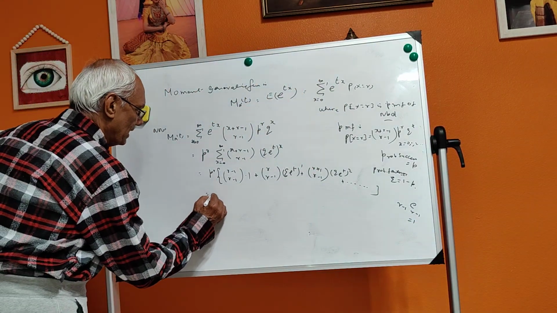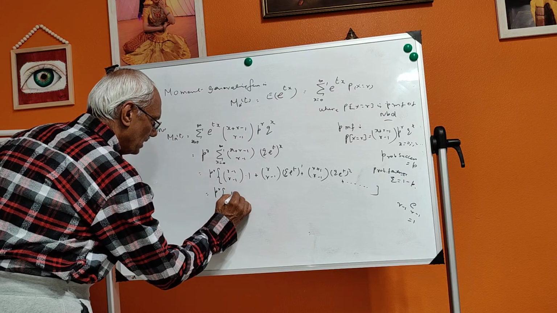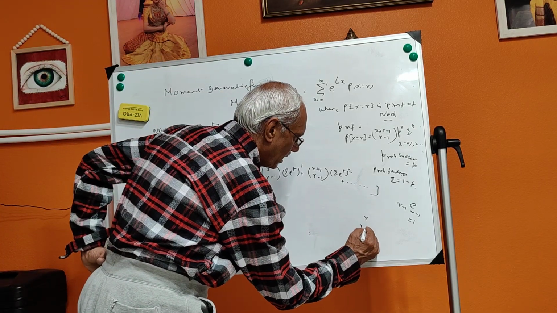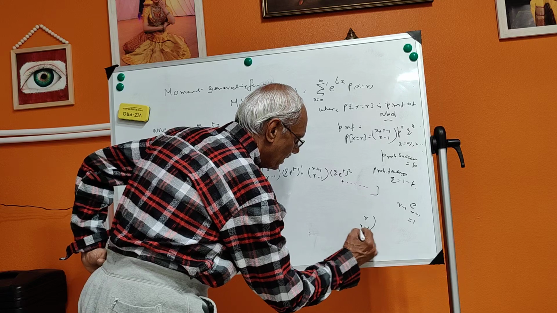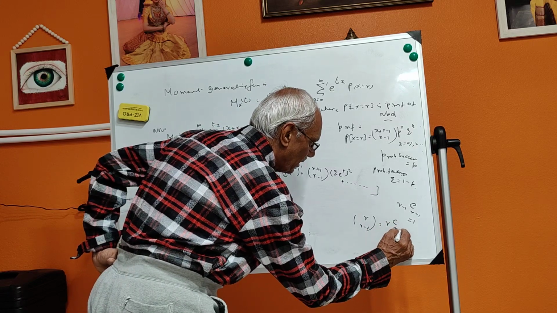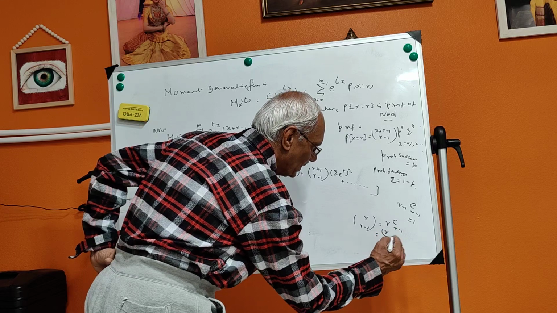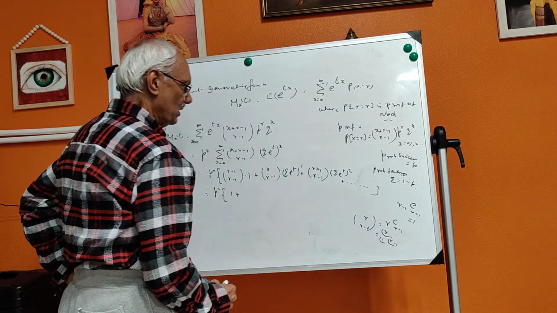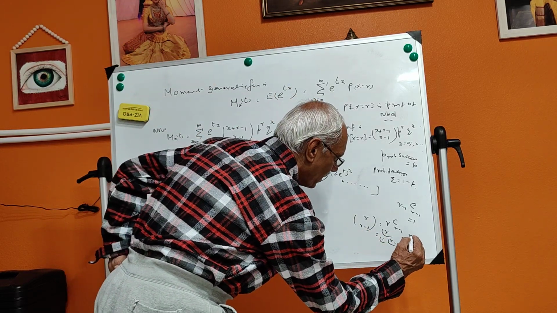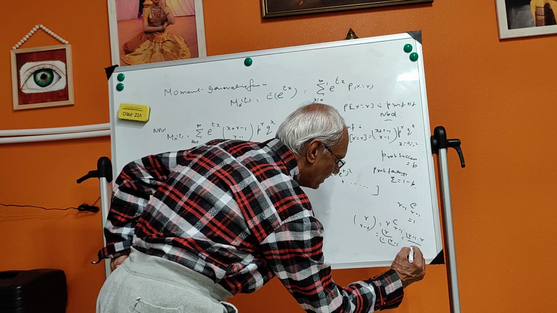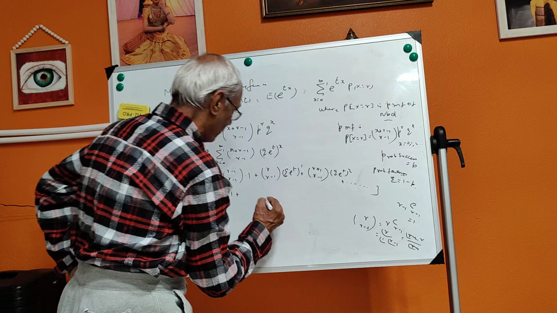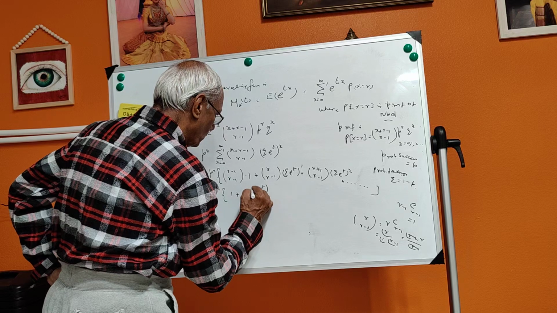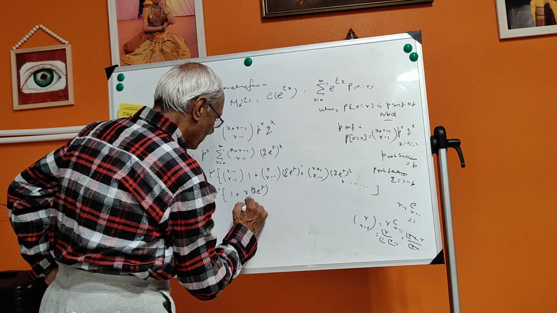So you see that this will become p to the power of r times 1 plus, this (r choose r - 1) is nothing but r factorial divided by (r - 1) factorial into 1 factorial. So you will get this to be (r - 1) factorial into r divided by (r - 1) factorial. These two will go off, giving you simply r into (q e to the power of t) whole to the power of 1 divided by 1 factorial.